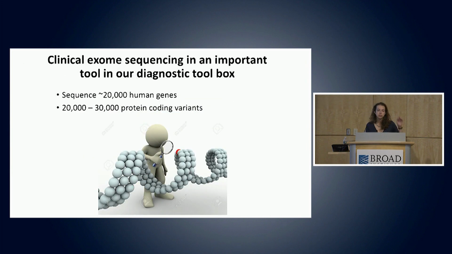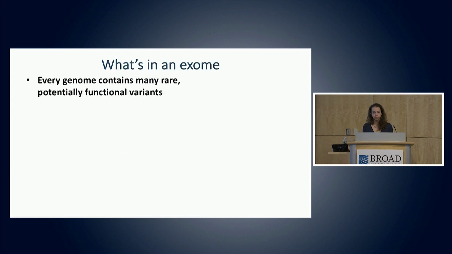Okay, so Daniel's talked to you a lot about exome sequencing, but basically when we sequence the 20,000 human genes, we end up with over 20 to 30,000 protein coding variants that are high quality, passing QC filters. And there are many, many rare, potentially functional variants in every person's exome, including all of us in this room.